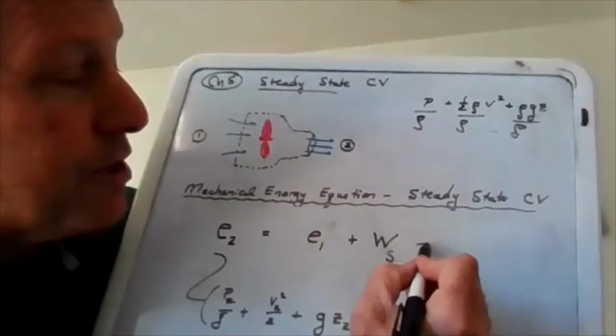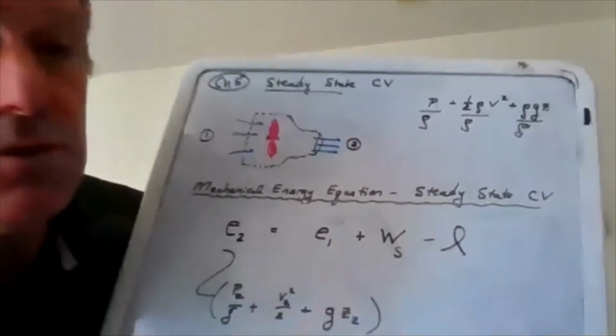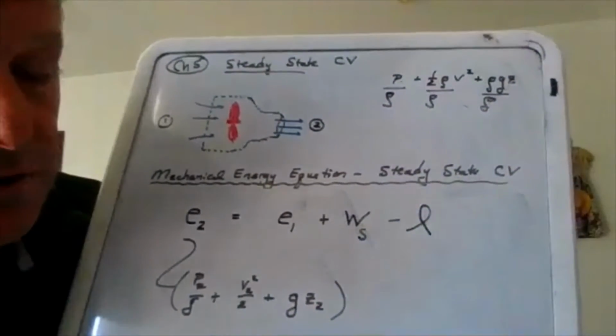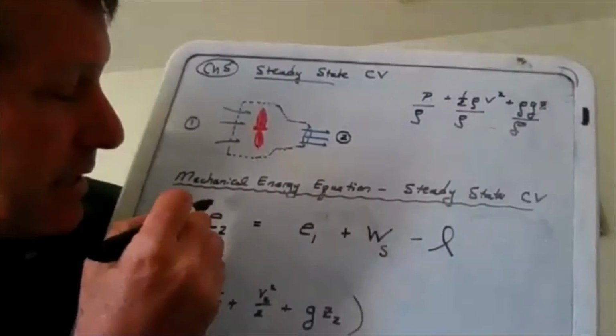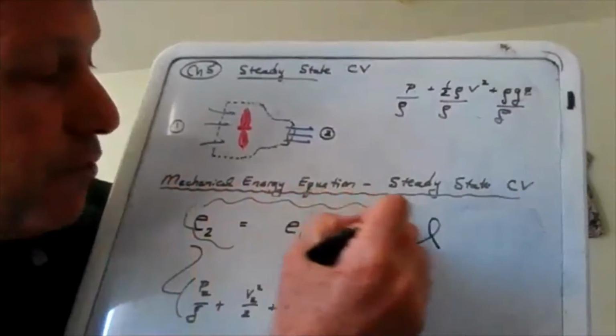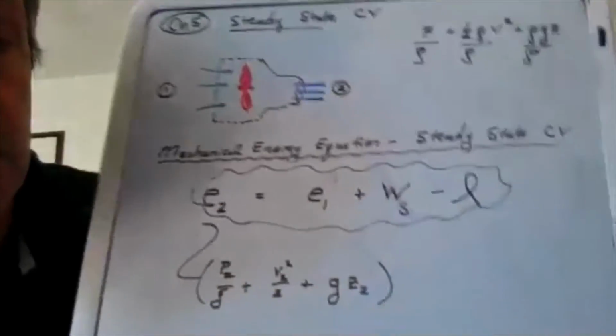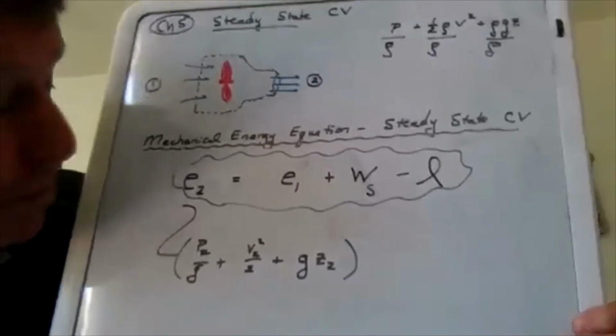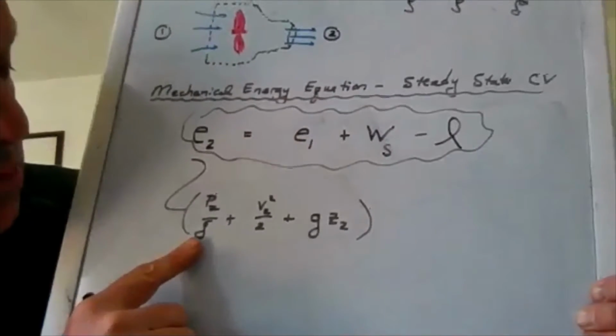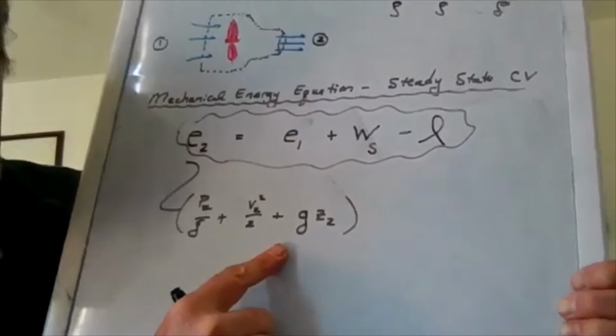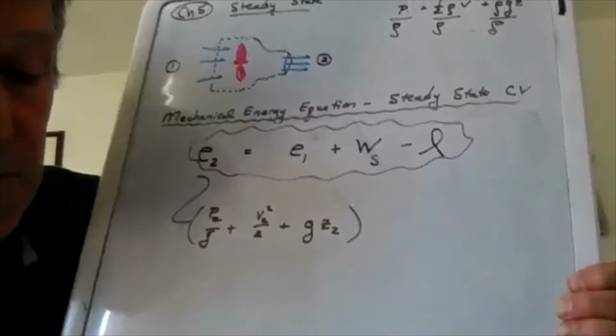And then there are going to be losses as well, and they use the lowercase l for the losses. That is roughly the form of the energy equation that we're going to end up using in chapter 5. What we're going to do, to be more precise, is replace E with all this here. Let me pause and get that equation up there for you.